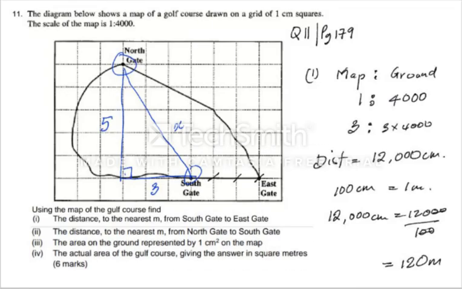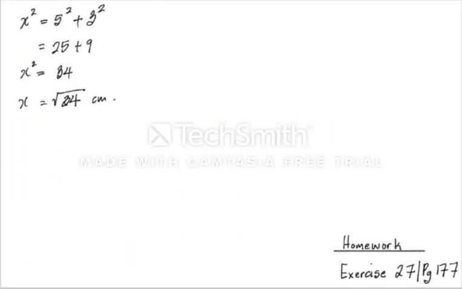What we want is the actual distance, and we're asked to get this distance in meters. Alright, so this map scale is 1 to 4,000. So root of 34 would correspond to root of 34 times 4,000.